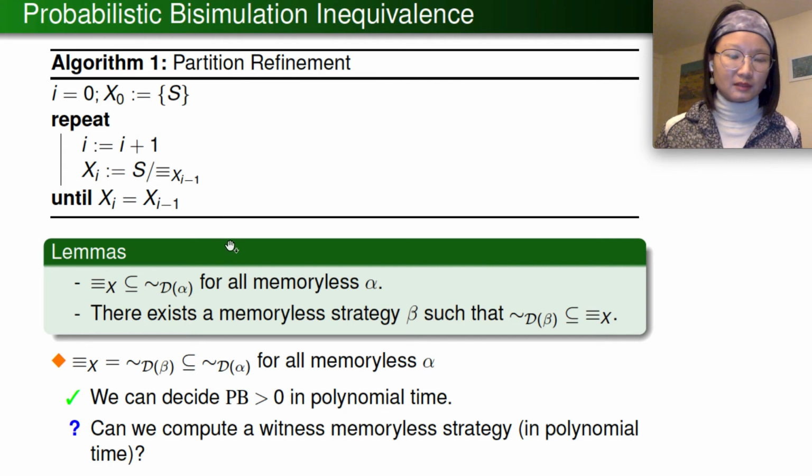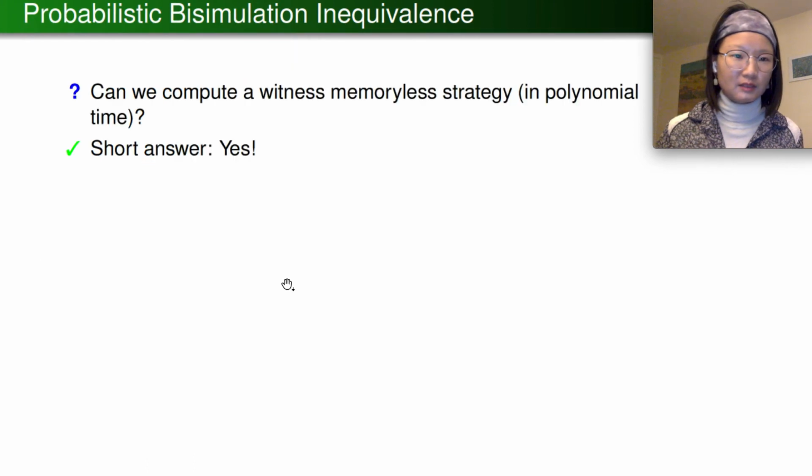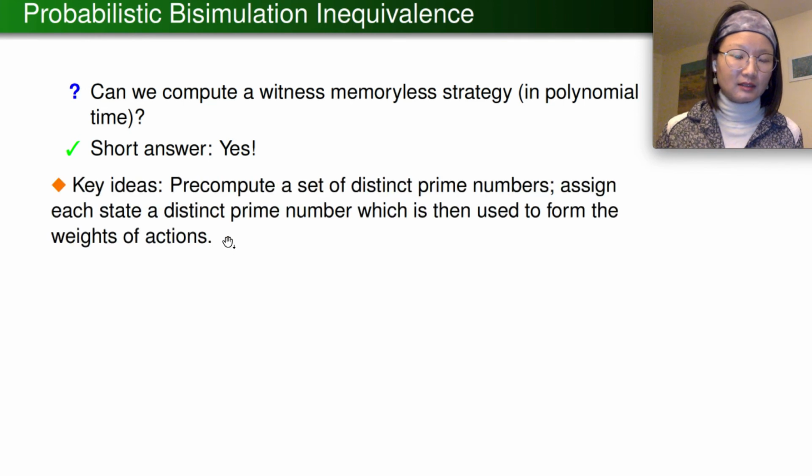However, the algorithm does not explicitly give us the witnessing memoryless strategy. So can we construct the witnessing memoryless strategy in polynomial time? The short answer is yes. The key idea is to pre-compute some prime numbers to form the weights of the actions in the memoryless strategy.